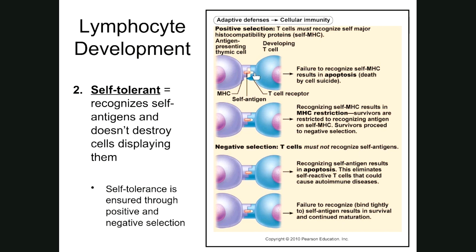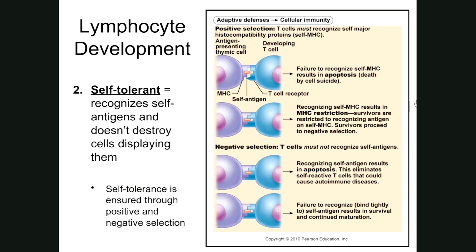If that's the case, this cell is a problem, because if it can't bind to class 1 MHC, that means it has no idea which of all the proteins on the surface of a cell of the body is displaying your self-antigen. So it cannot recognize self from non-self, and that's a problem.